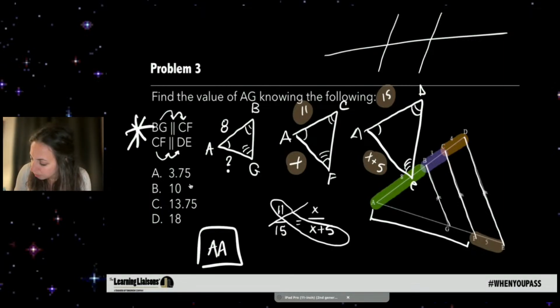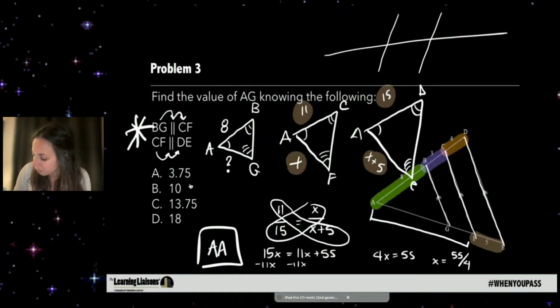Cross multiply. 15x equals 11x plus 55. Subtract 11x, and I have 4x equals 55. Divide both sides by 4, and x equals 55 over 4. So AF is 55 over 4.